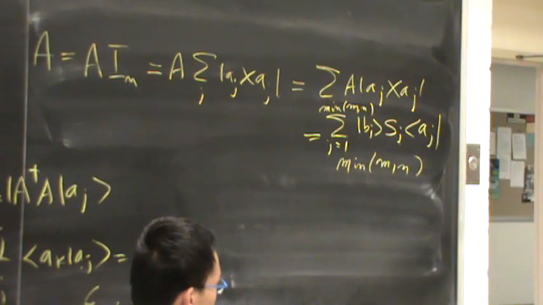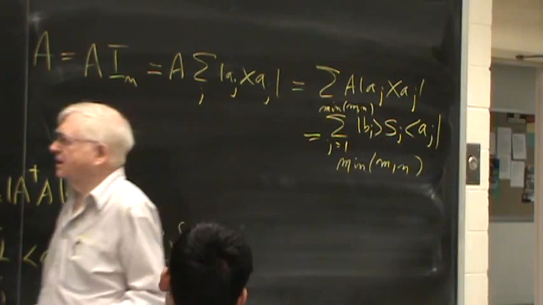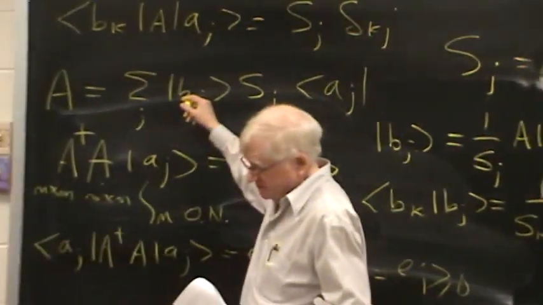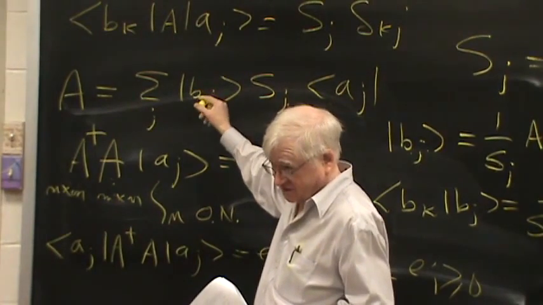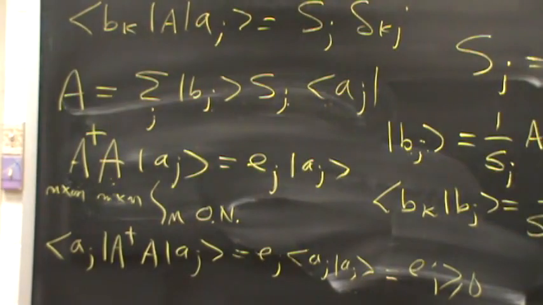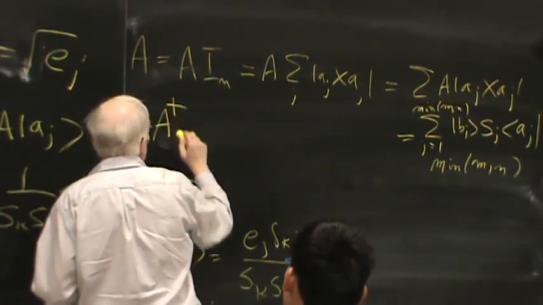Okay, so that's the singular value decomposition. You might say, well, tell me a little more about the Bj's. Okay, if you want to know more about the Bj's, I'll tell you a little more. Consider the operator A A dagger.